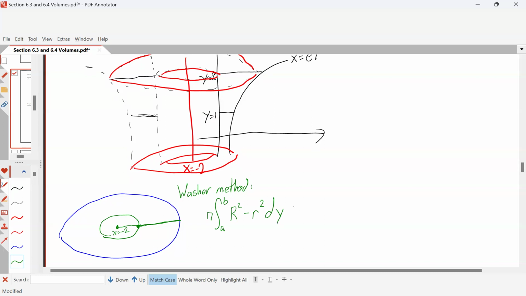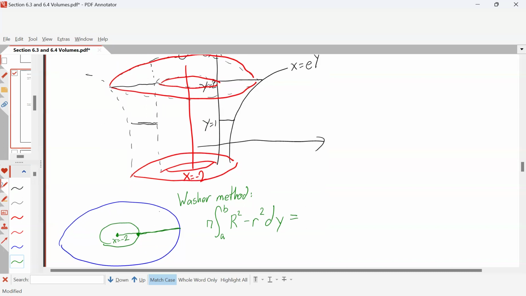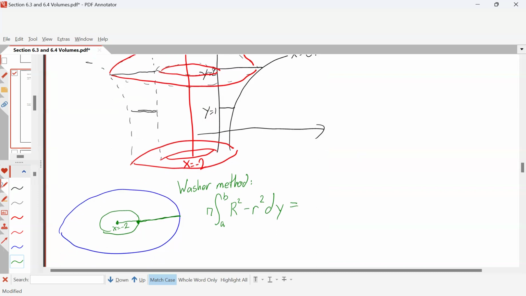Now, taking a look at what these different circles represent, our center of our circle, because we're going around the line x equals -2. This first green circle is the y-axis that's going around. So from the line x equals -2 to the line x equals 0, that distance is 2.